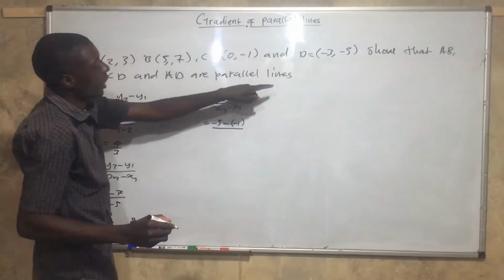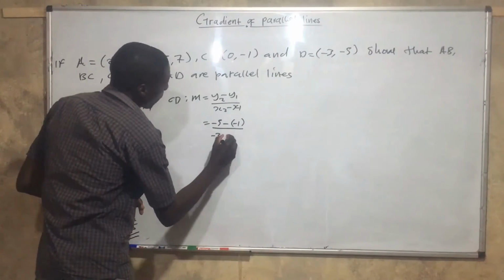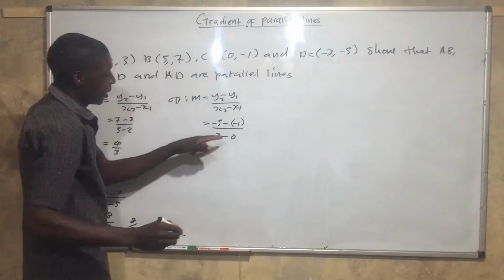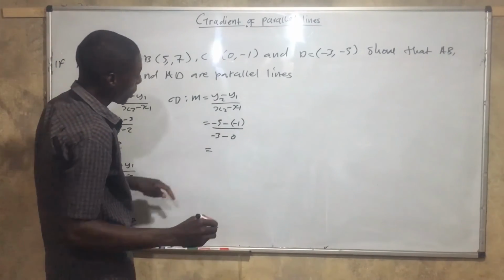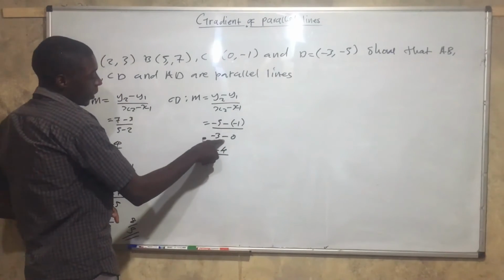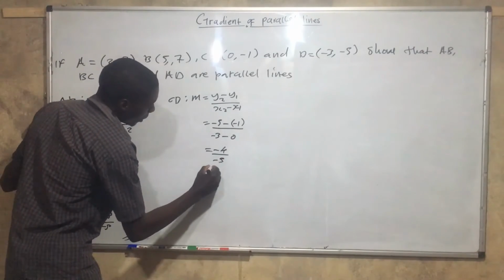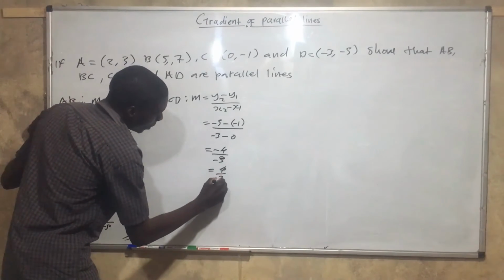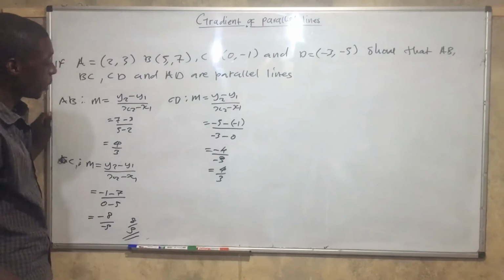Over our x2 which is -3 minus our x1 which is 0, so -3. This will be 4 over 3 because negative divided by negative gives us a positive.